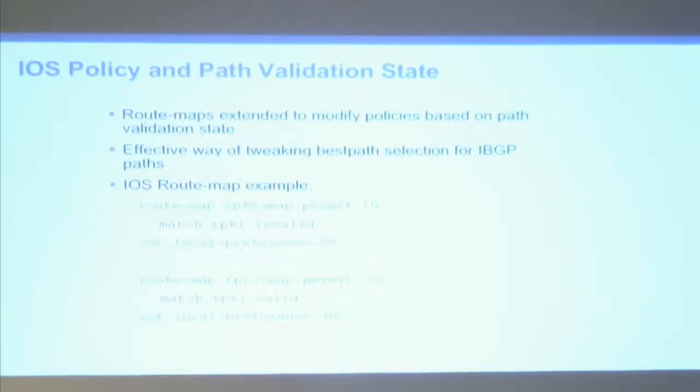So you can match on an invalid state and set a lower local pref, or you could match on a valid RPKI state and set a higher local pref. So you could implement policy to prefer a valid route and depreference an invalid route. This offers a means to implement policy selection and influence your best path selection in your IBGP domain.